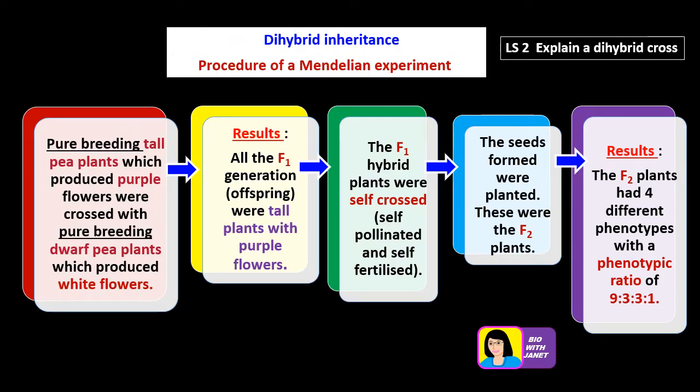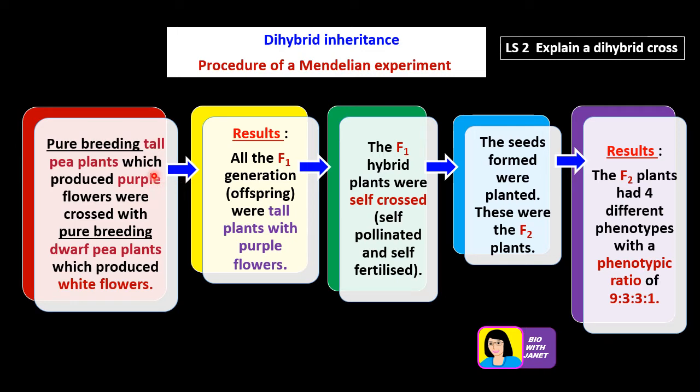Now here's an example of a dihybrid cross, for learning standard 2, and it's similar to the cross that Mendel did in his experiments. Pure breeding tall pea plants which produce purple flowers were crossed with pure breeding dwarf pea plants with white flowers. The two characteristics are height and color of the flower.